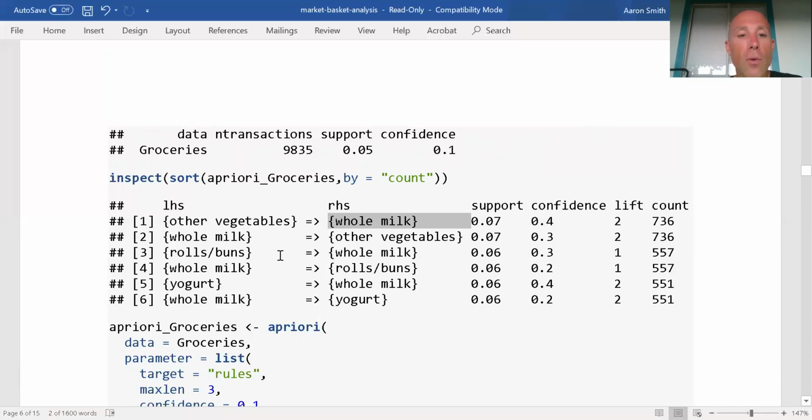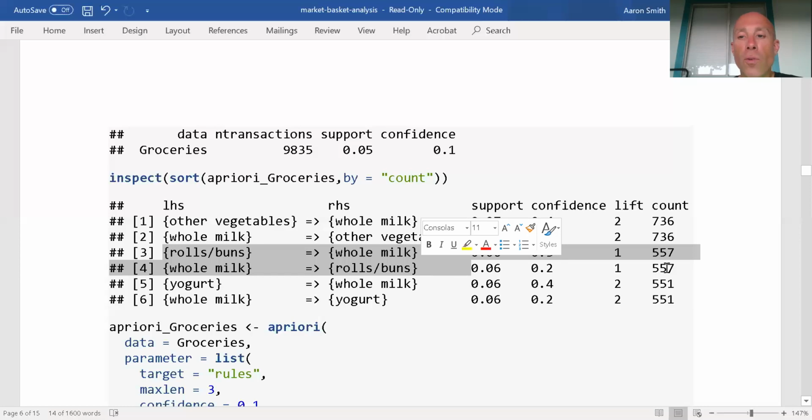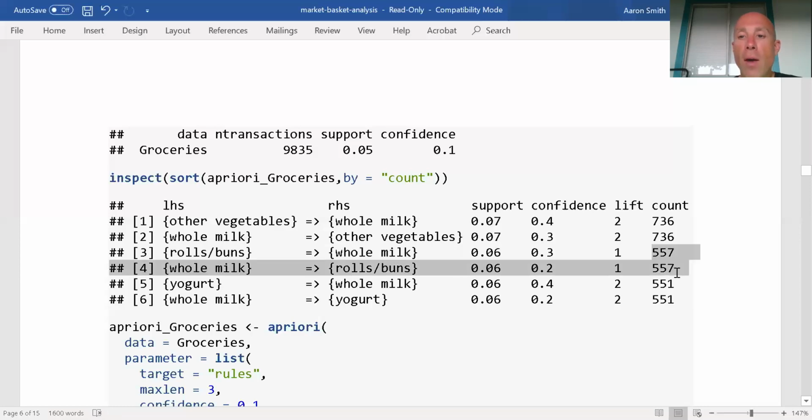Yeah, and so usually you're going to have this phenomenon where we have symmetric rules having the same counts, but one will have better statistics than the other, specifically confidence. But like this rule here, with a lift of 1, I'm not confident that I'm going to get much of an improvement. Now that is rounded, so it might have been like 1.4.